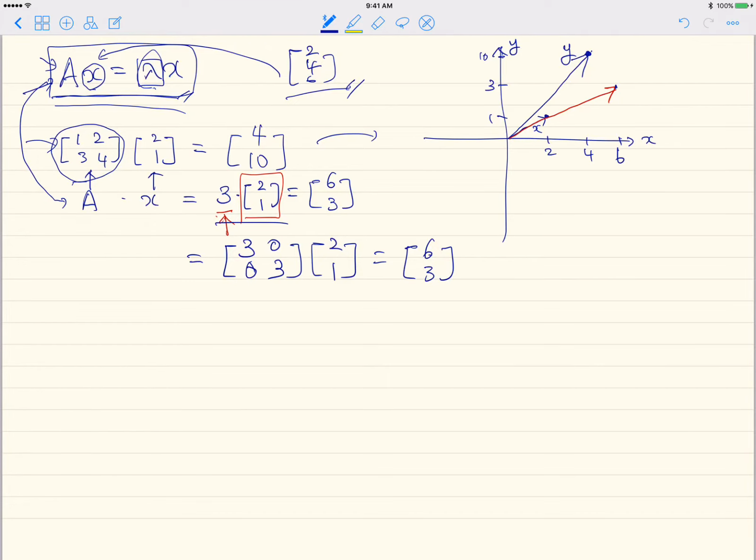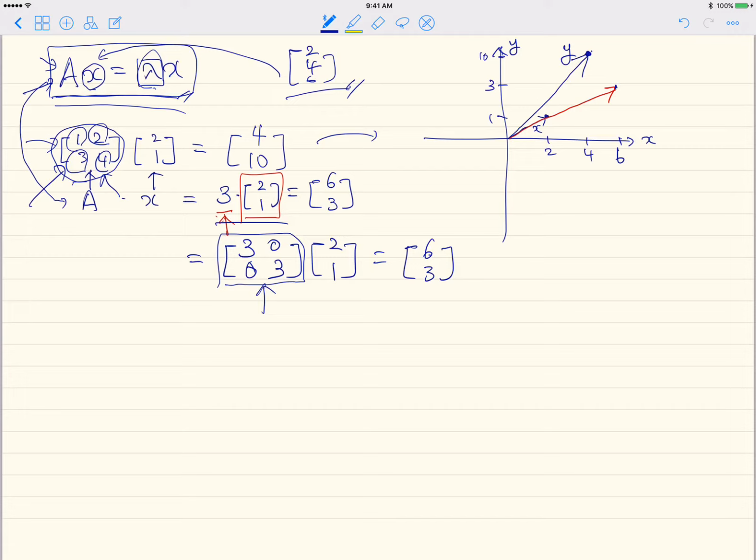So instead of multiplying really complicated matrices where all the elements are filled up with non-zero values, so we see non-zeros all over in different positions, we are now multiplying this much simpler matrix where we have only the diagonal entries.